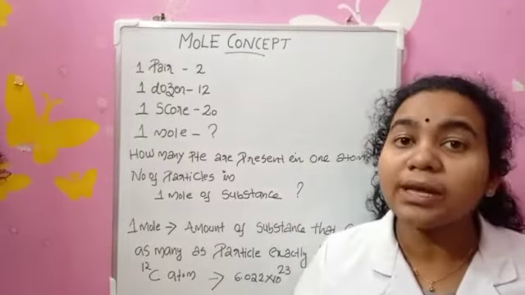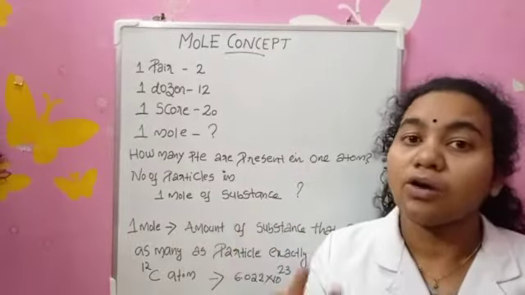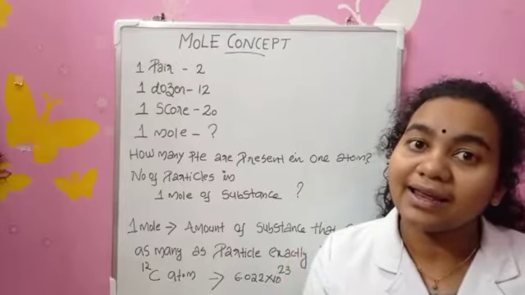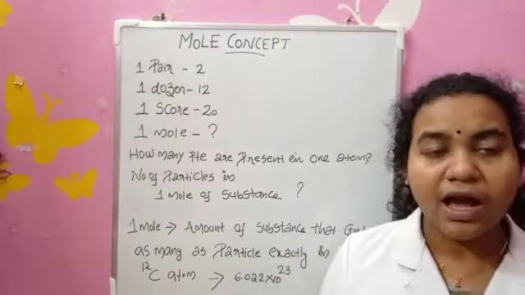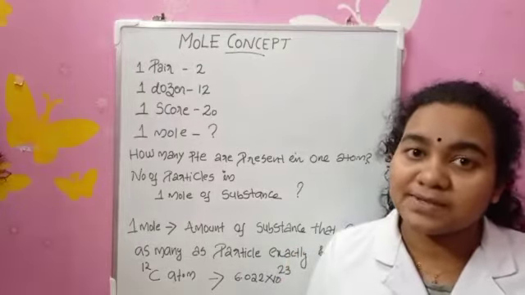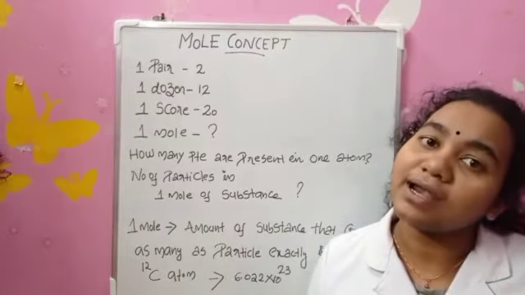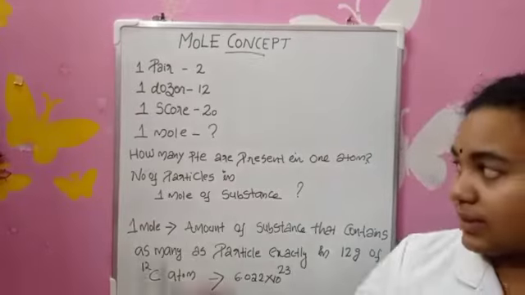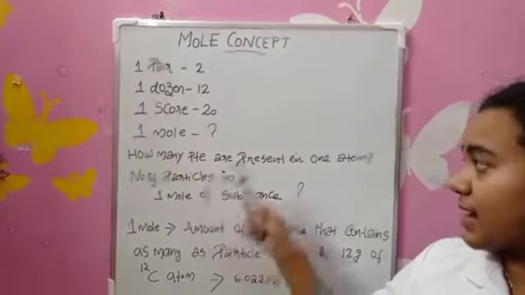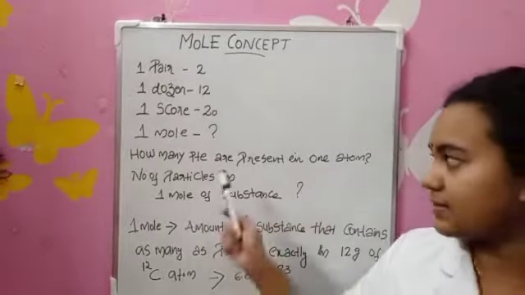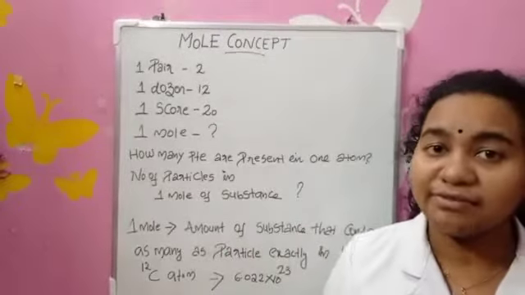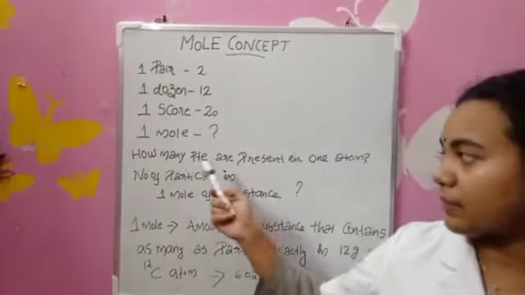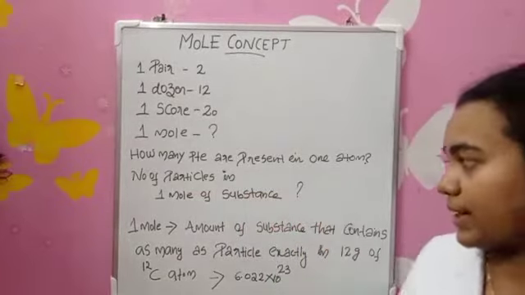For example, how many particles of gold are in a gold atom, or the amount of substance which exists in one atom of gold. So we can define 1 mole as the number of particles present in one atom.